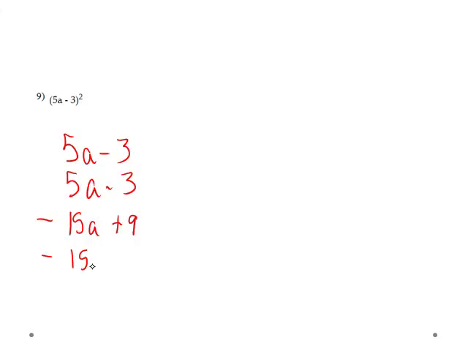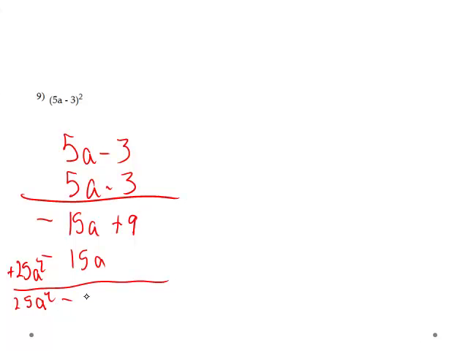Next one, square this. So 5a minus 3 times 5a minus 3. This is positive 9, negative 15a, negative 15a, positive 25a squared, and you get 25a squared minus 30a plus 9.